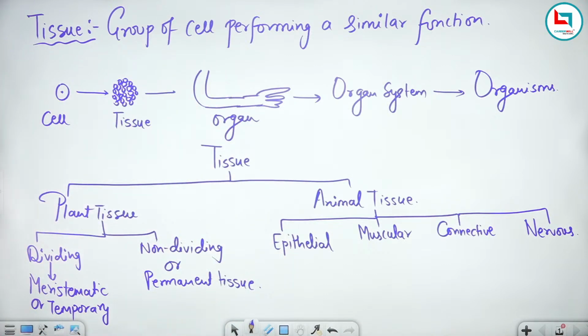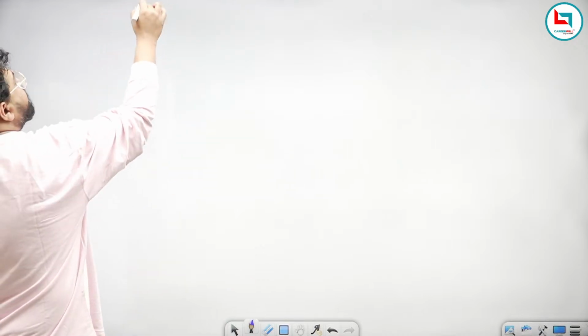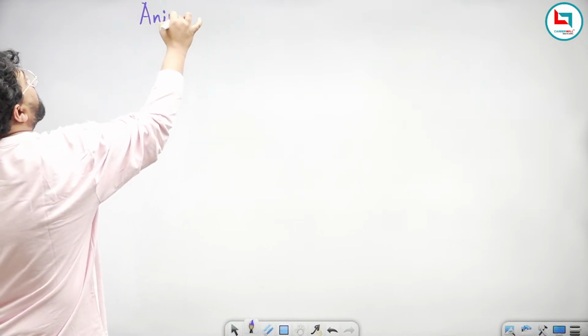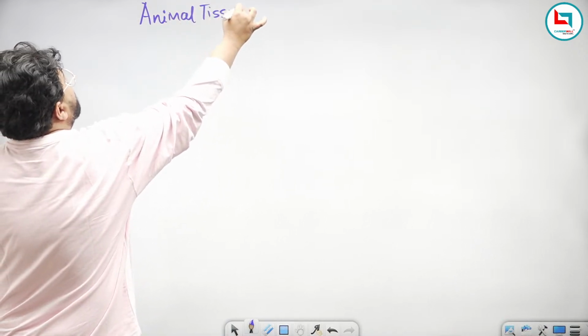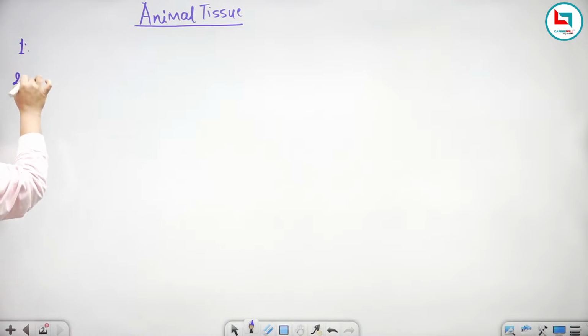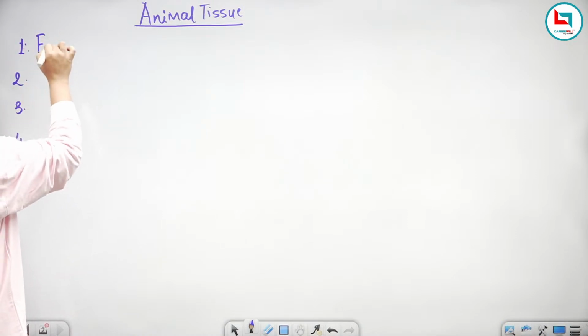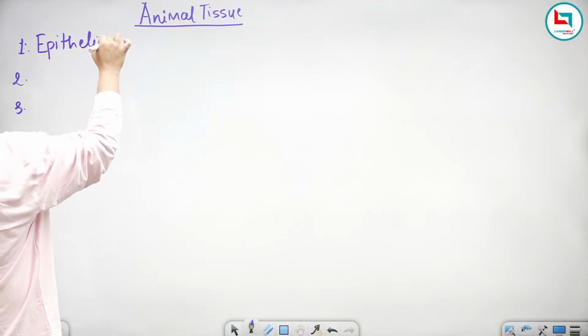So let's start with the animal tissue. So as we have already discussed, animal tissues are of generally four different types. Number one, epithelial tissues.